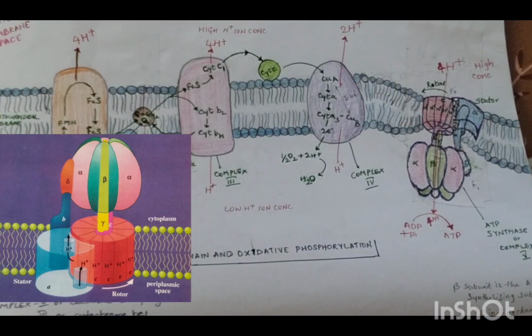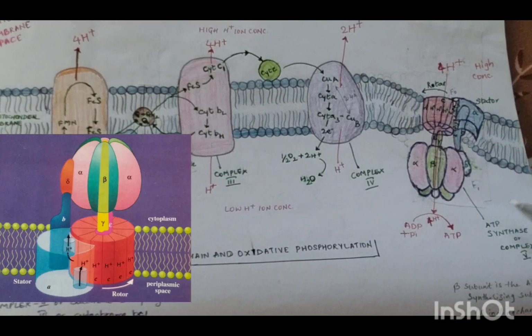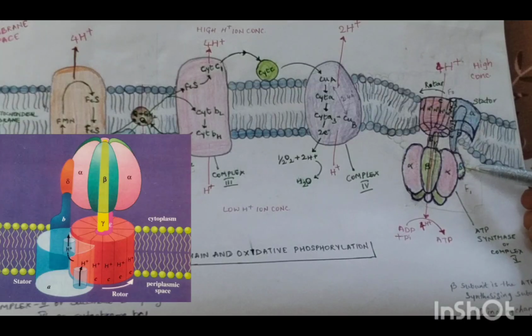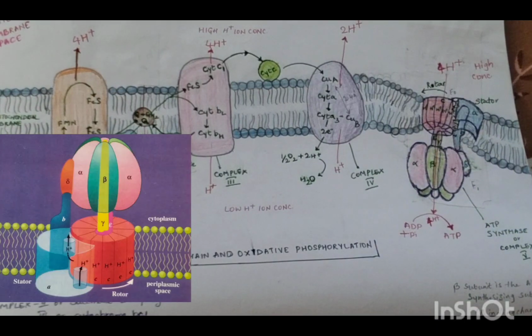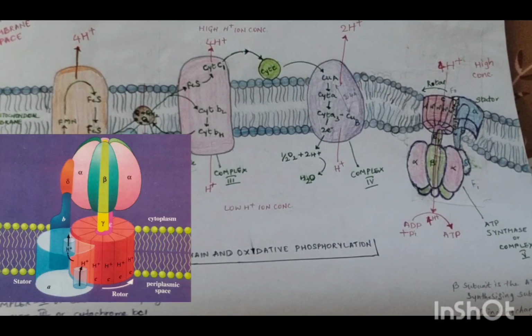The rotation of the c ring in the membrane relative to the stationary subunits is driven by the migration of protons from the outside to the inside, that is, the mitochondrial matrix. The b2 delta assembly presumably functions to hold the alpha3 beta3 spheroid in position while the gamma subunit rotates inside.